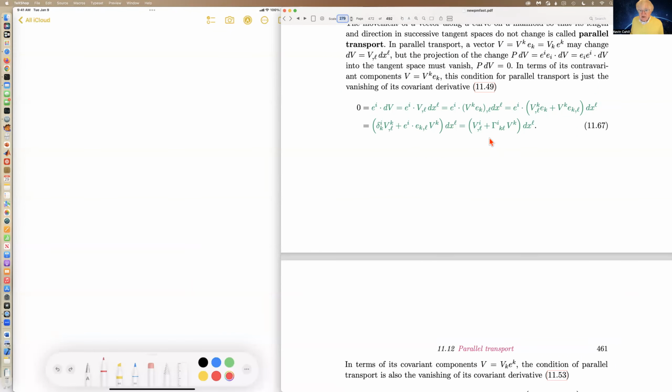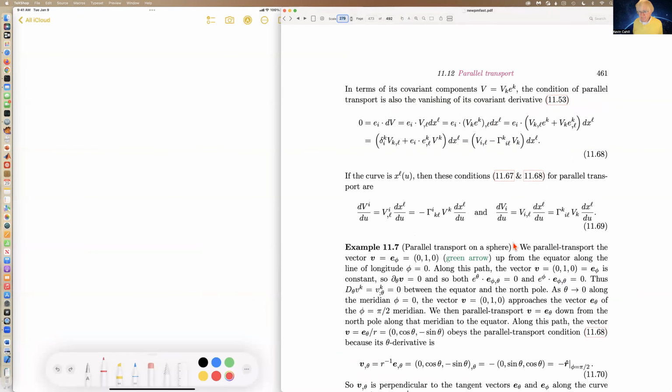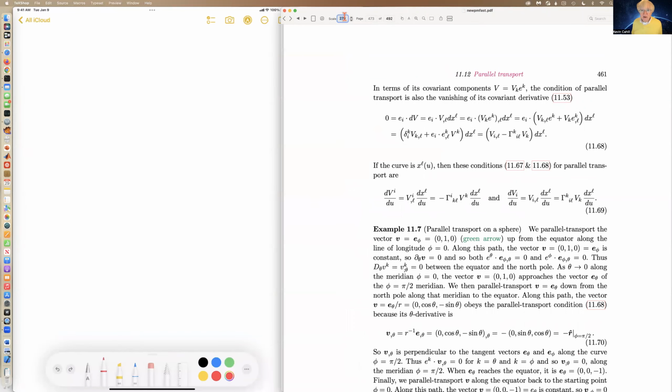And so that means that the dot product of the change in the vector with the cotangent vectors vanishes, and that amounts to the vanishing of the covariant derivative. And so the criterion can be written either this way or that way. In terms of a cotangent vector, it looks this way. In terms of a tangent vector, it looks like that.